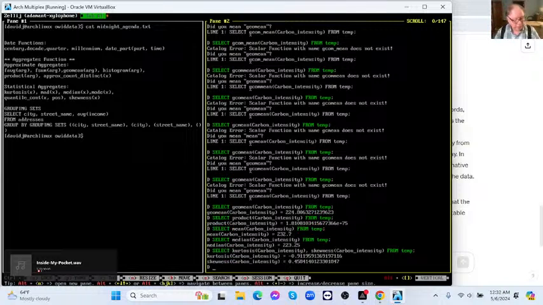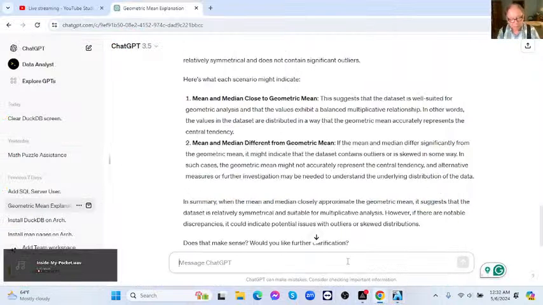It probably tells us that, as the other thing suggested, it is pretty symmetrical.